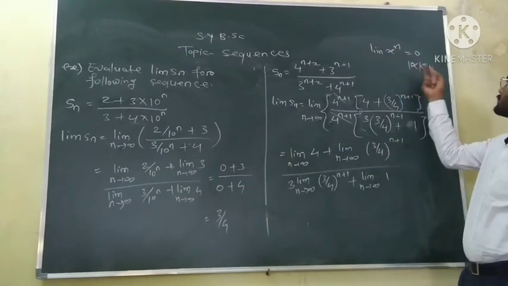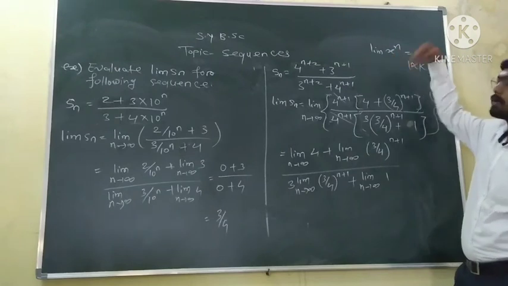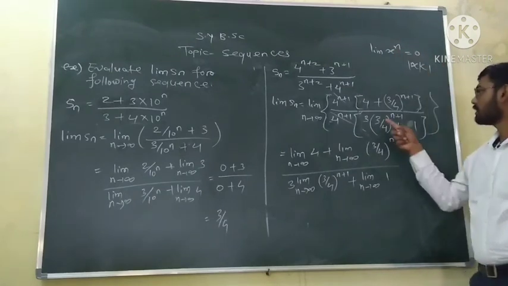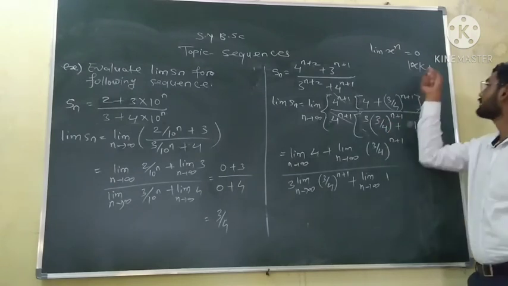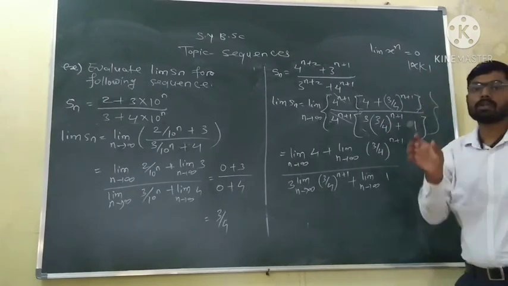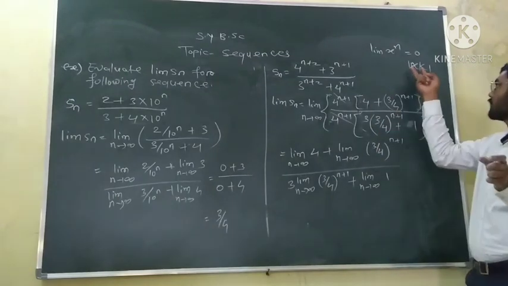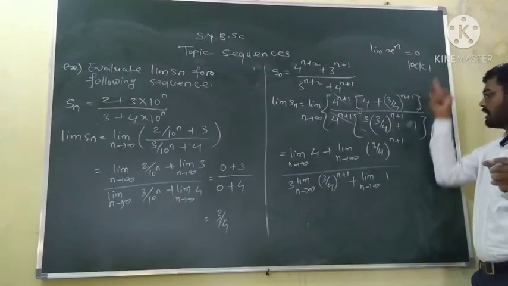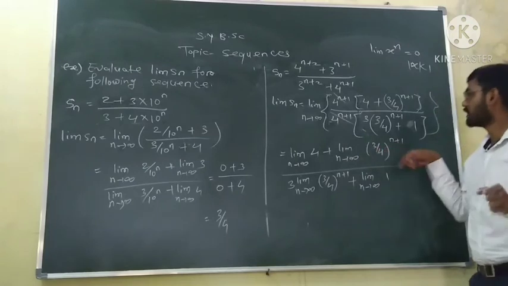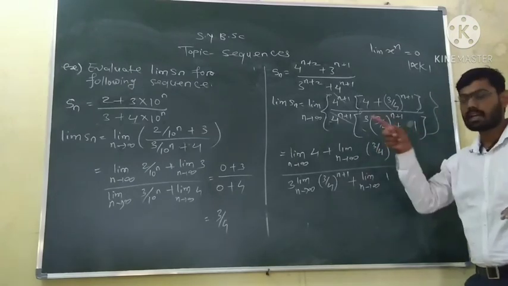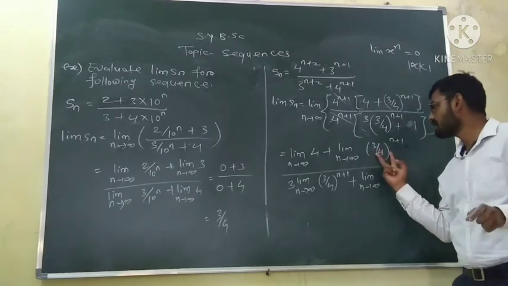Whenever mod of x is less than 1, the limit of x raised to power n plus 1, n plus 2 is equal to 0. See, 3 by 4 lies between minus 1 and plus 1, so mod of 3 by 4 is less than 1, and the limit of this 3 by 4 raised to power n plus 1 must be equal to 0. So we are using that theorem here. So the limit of this is 0.